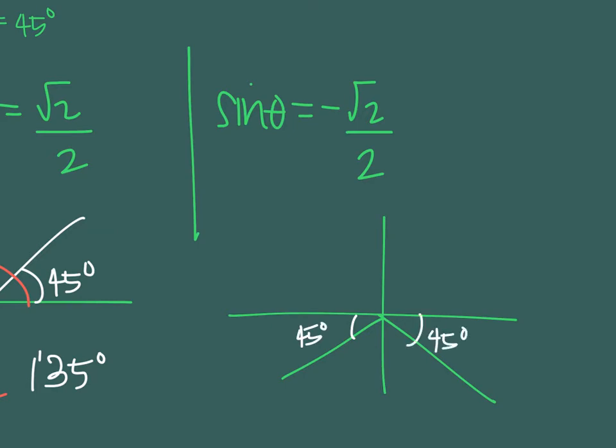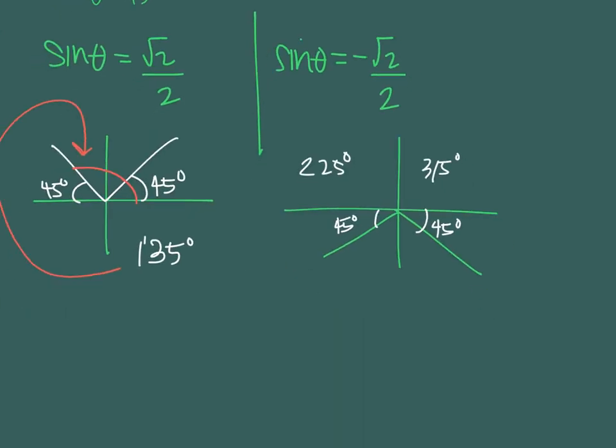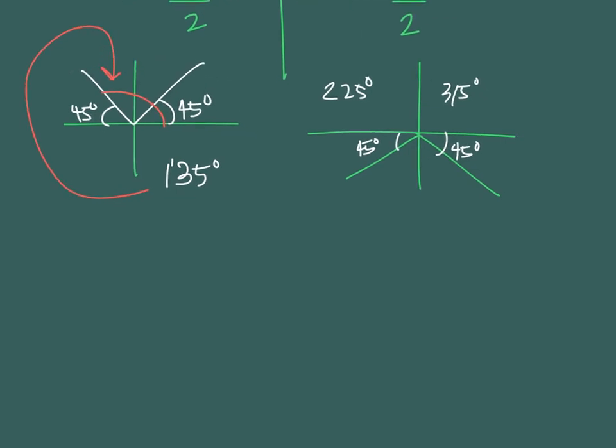So all we have to do is find those angles: 225 and 315. So all in all, combining all these answers, theta must be equal to 45, 135, 225, and 315.